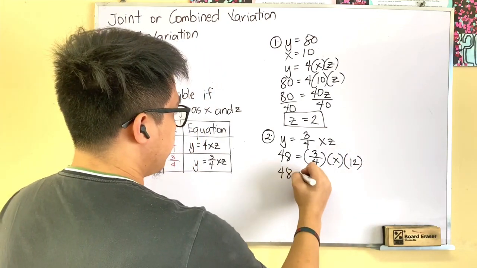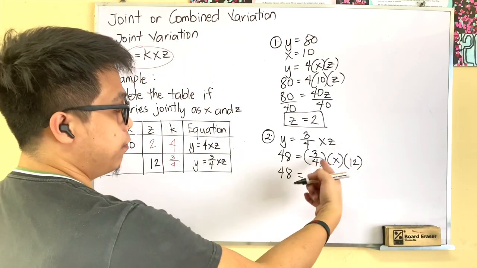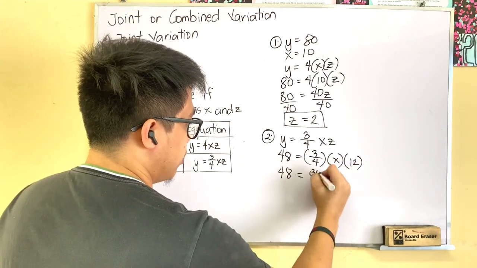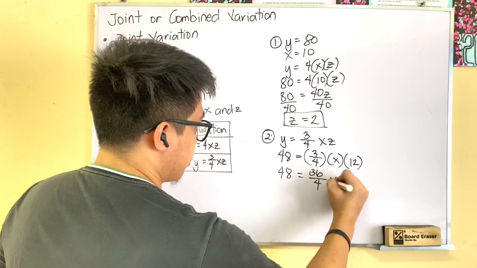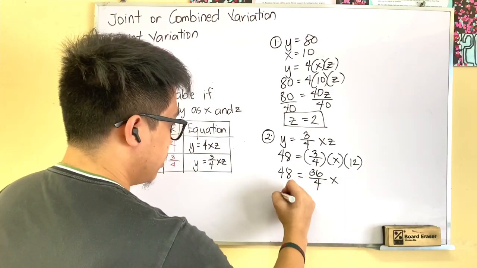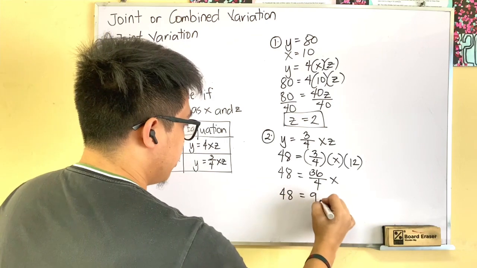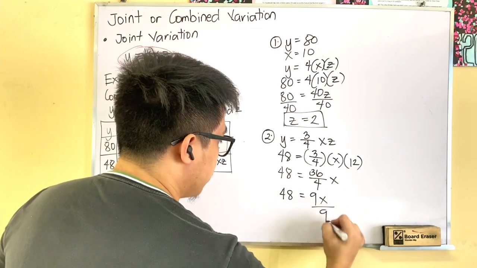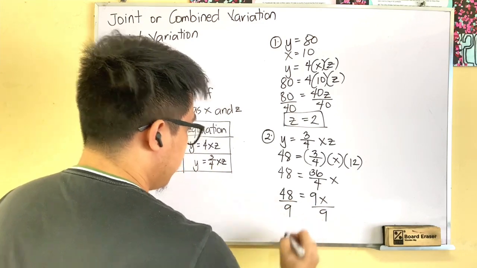So 48 is equal to 3 over 4 times 12 is 3 times 12 is 36 over 4 x. So 36 divided by 4 is 9. So meron tayong 9x. Dividing both sides by 9, 9.